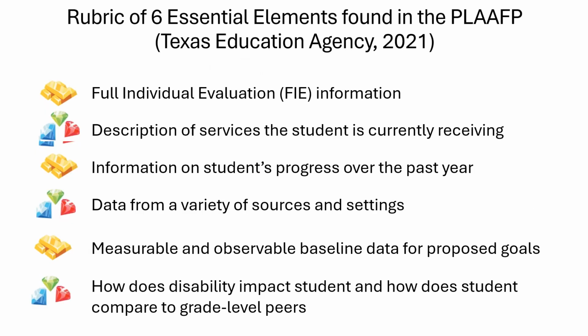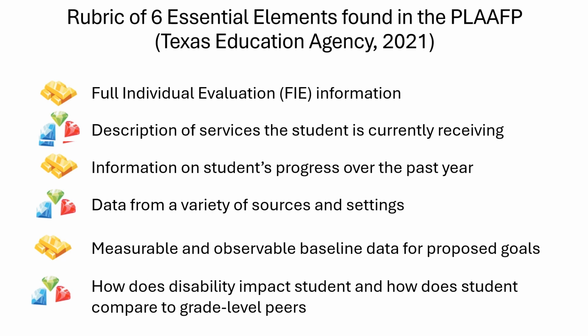There is a rubric for what a PLAAFP should contain, and I have linked it in the comments, but there are certain key elements that are in a PLAAFP. It's a review, not the whole, of the full individual evaluation that was performed. It's a description of the services the student is currently receiving.